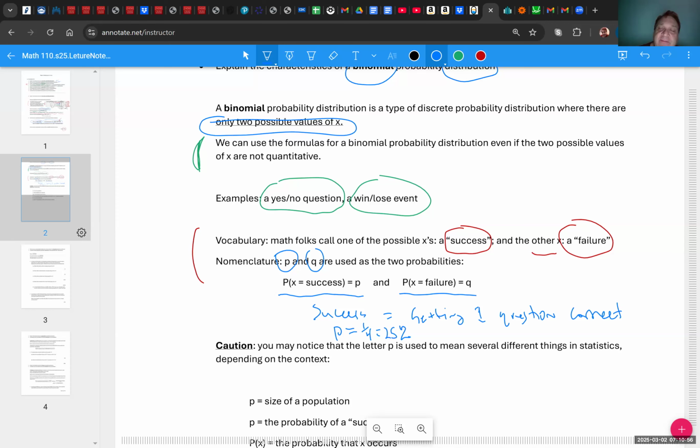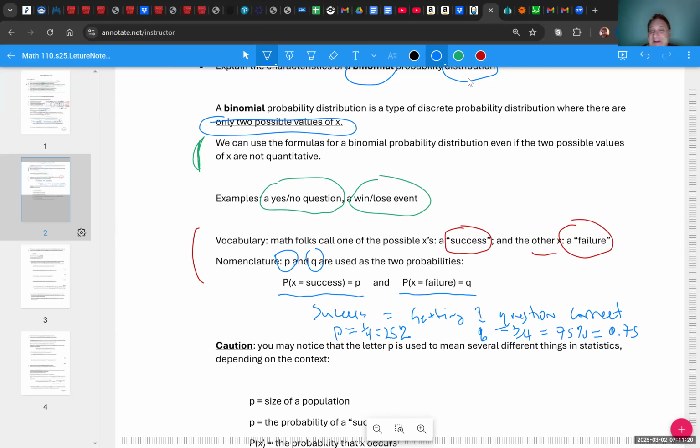And the probability of failure, which is going to be represented by the letter Q, is 3 out of 4, because there are 3 wrong answers, and that's 75%. You can write these as decimals if you prefer. It's up to you. Same thing. So we have P and Q, these letters that represent the probability of success and probability of failure.